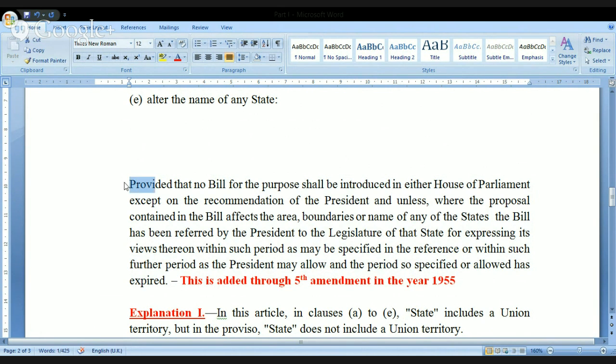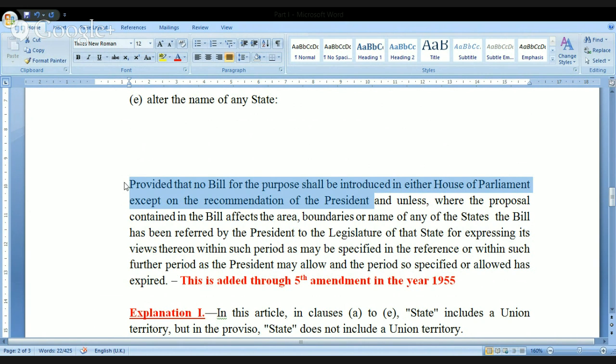Provided that no bill for the purpose shall be introduced in either house of the parliament except on the recommendation of the president. What do you mean by this? Before 1955, if you wanted to do anything under Article number 3, it could be decided and directly done by the government of the day.